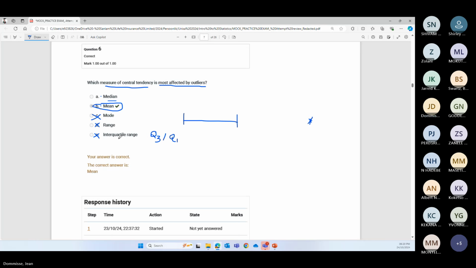So it's interesting, the interquartile range one. The outliers will definitely have an effect on the mean, and then on the measures of dispersion, which are standard deviation and variance.